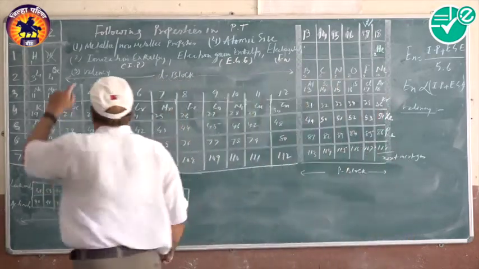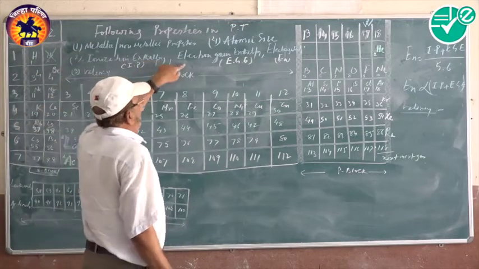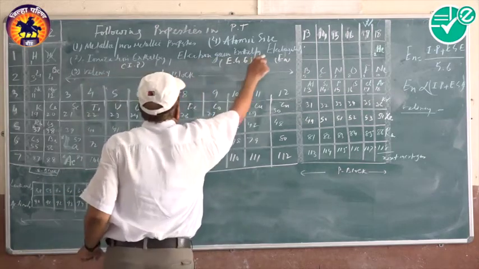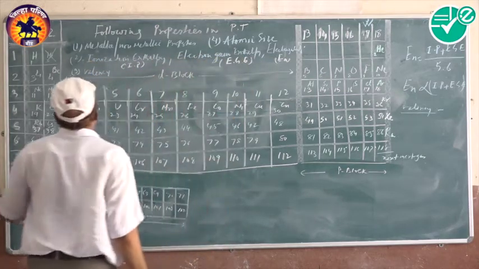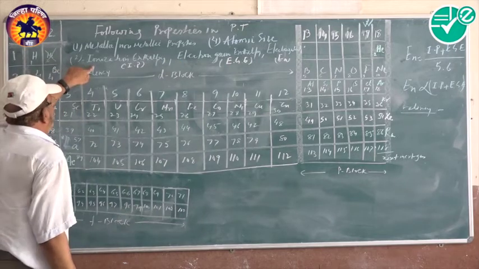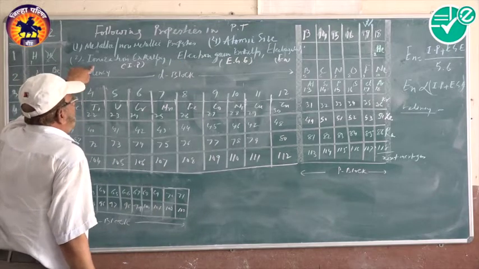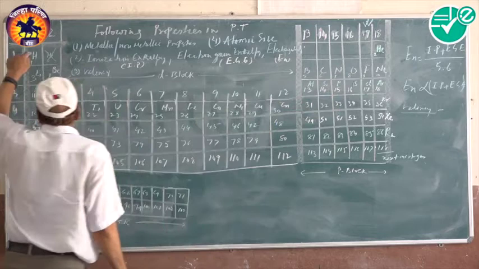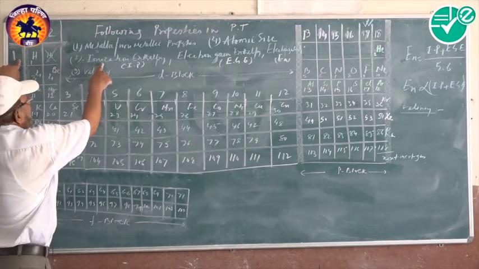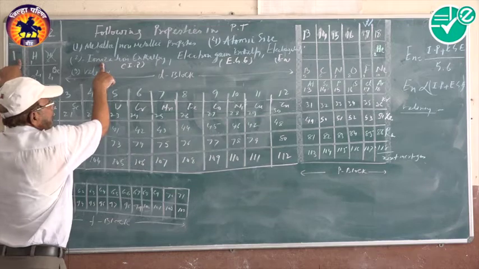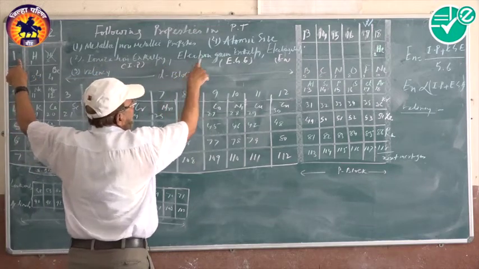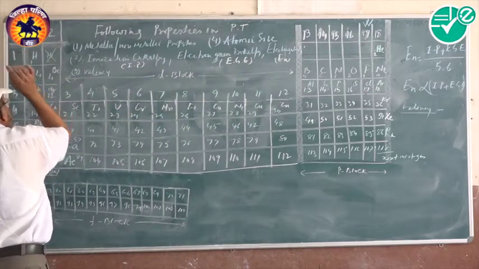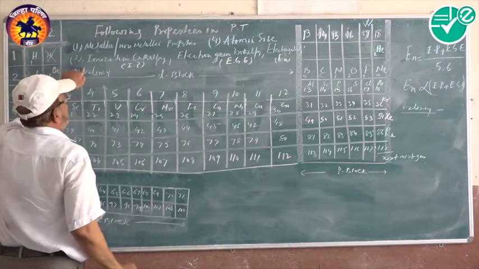Now we will discuss ionization enthalpy, electron gain enthalpy, and electronegativity. These are properties of elements. These three properties are lower in metals than in non-metals. Although metals have greater size, these properties are less in metals.